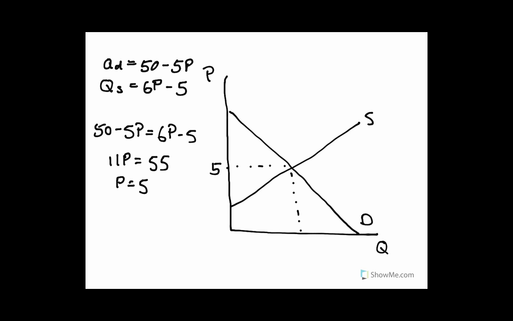And then we can find what this quantity is simply by plugging that into either one of those, which is going to give us, in this case, 30 minus 5, which is 25. So that is our market equilibrium, or I should say, before we apply any tax for the externality.